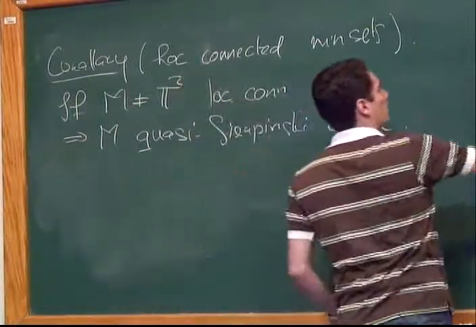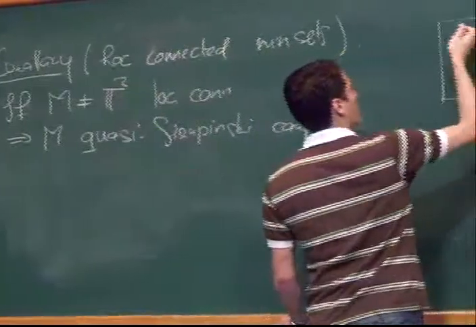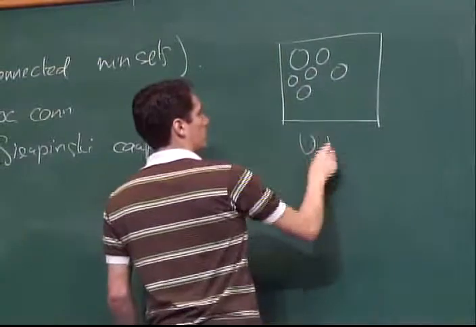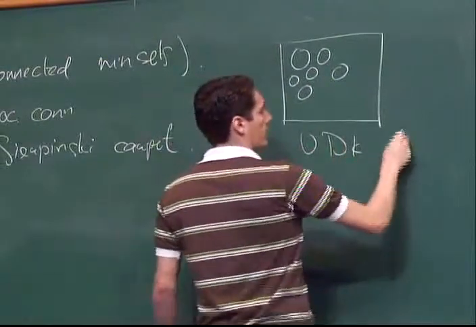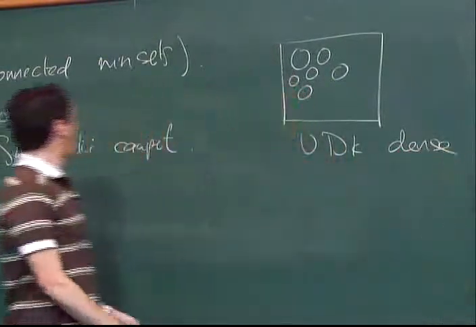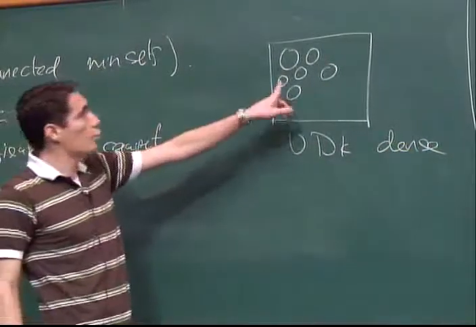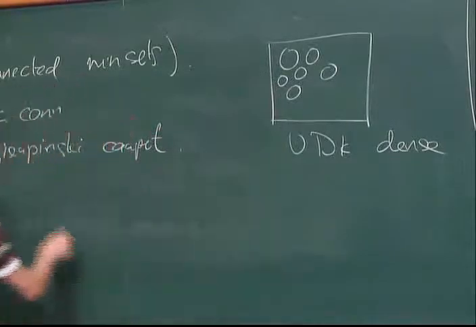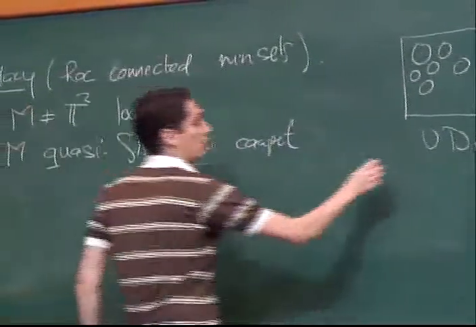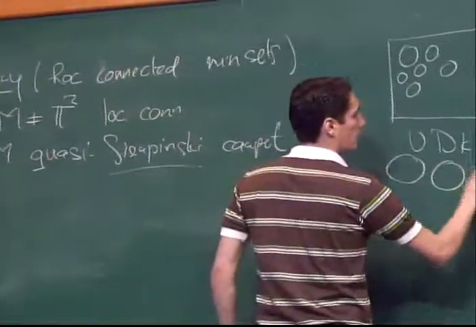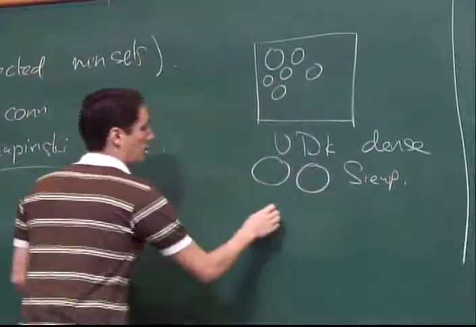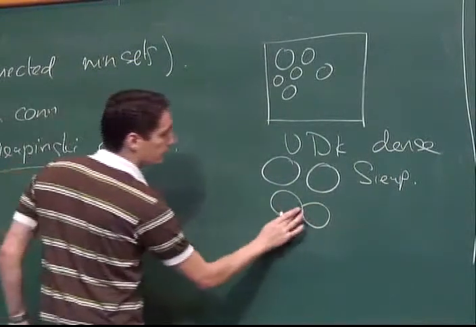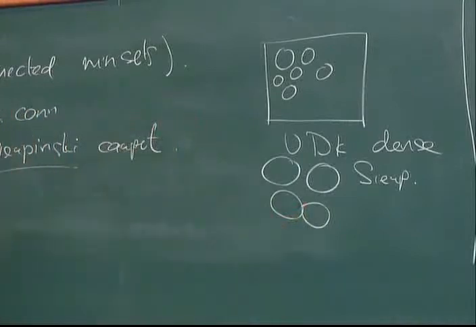What that means is that you have a union of disks, dense in a torus, and this is dense. If the closures of any two disks are disjoint, then it's a Sierpinski set. But if you allow two disks to intersect in a single point at most, that's a quasi-Sierpinski set.